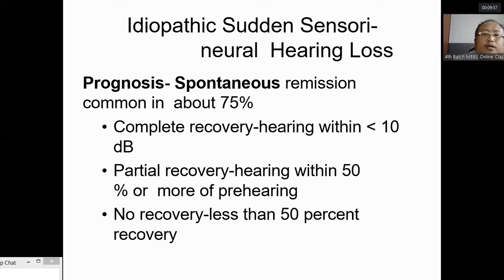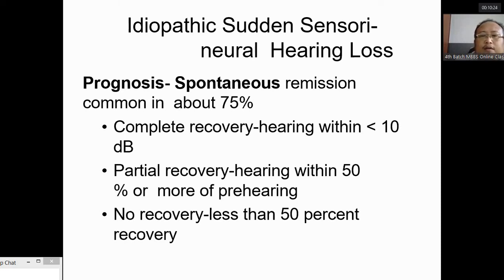Especially tinnitus, vertigo, and patients who have comorbid conditions like diabetes, hypertension are not good for the remission or for the recovery of the hearing loss.